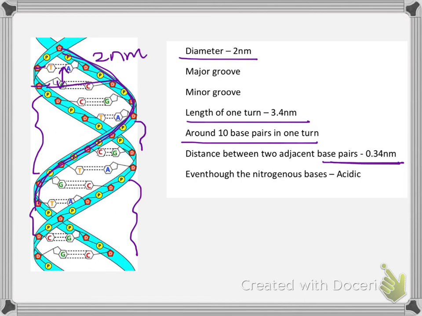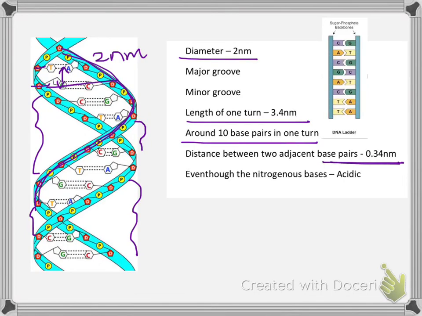Even though the nitrogenous bases are basic in nature, the DNA double helix is acidic because of the presence of phosphate groups. If we untwist this DNA, we get a DNA ladder like this.